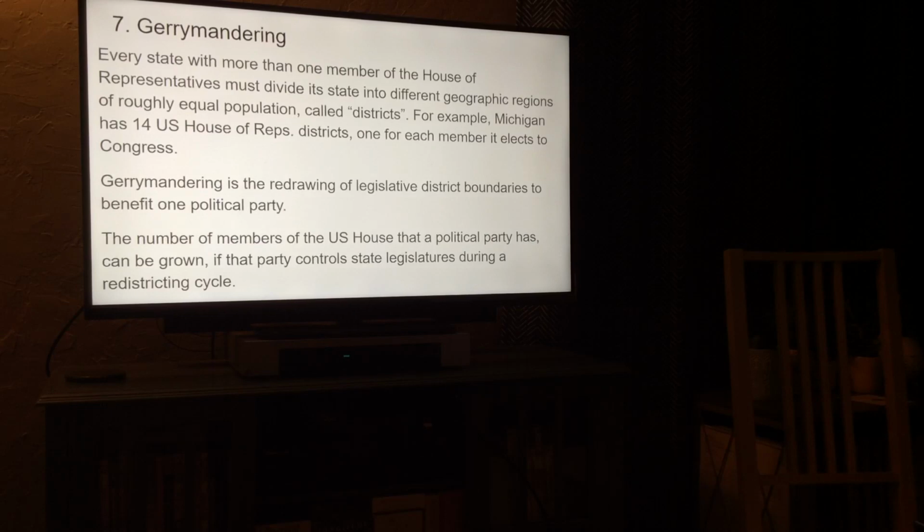And there's different ways you can draw it. You can sort different parts of the state and put them together in different ways to get to your 14 districts. And it turns out, as I will prove, that how you draw these lines actually makes a big difference in terms of who gets elected to Congress.